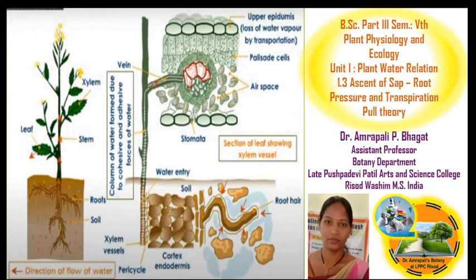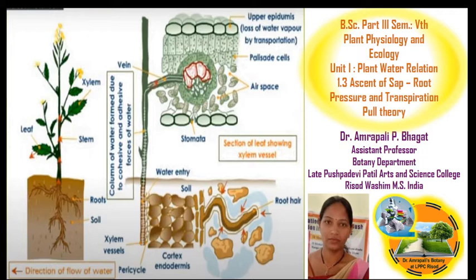So what happens in this? There is plenty of water present in the soil. That water, specifically capillary water, is made available to the roots, meaning the capillary water is absorbed by the root hairs, and then the root transfers that water towards the aerial part.